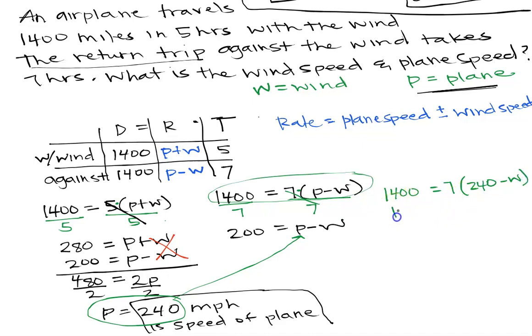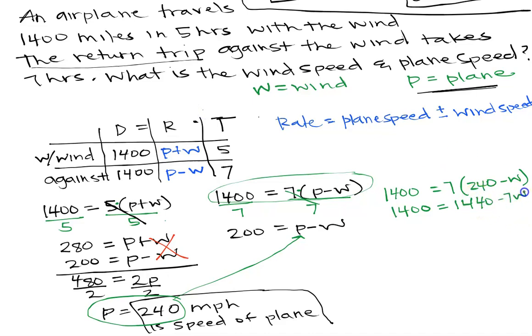All right, and then I get 1400 equals, let's see, what's 7 times 240? It's going to be 1440. What is that? I don't have my calculator handy. Yeah, 1440. Sorry, I'm losing.